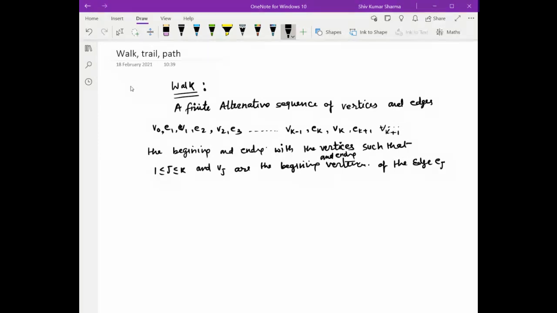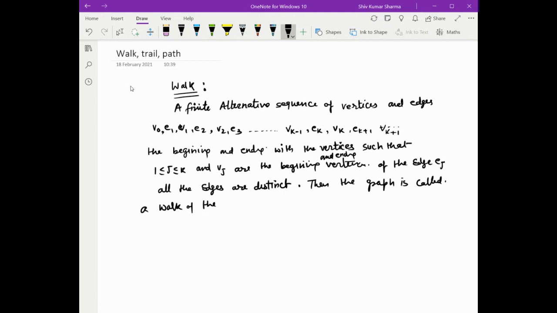Here all the edges are distinct. Then the graph is called a walk of the graph G.